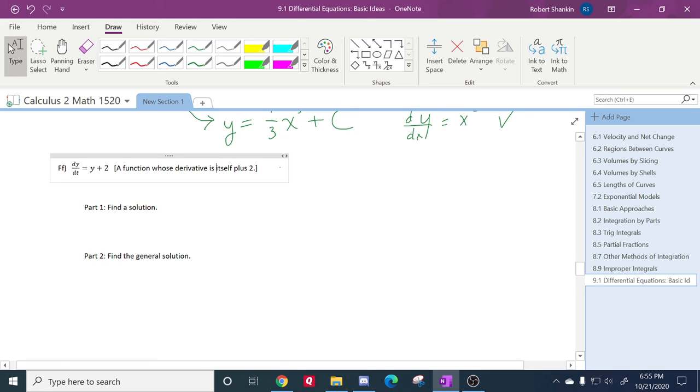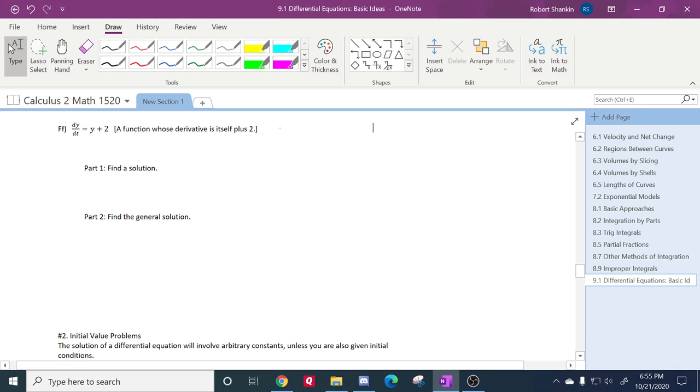Okay, so find a solution and then a general solution.